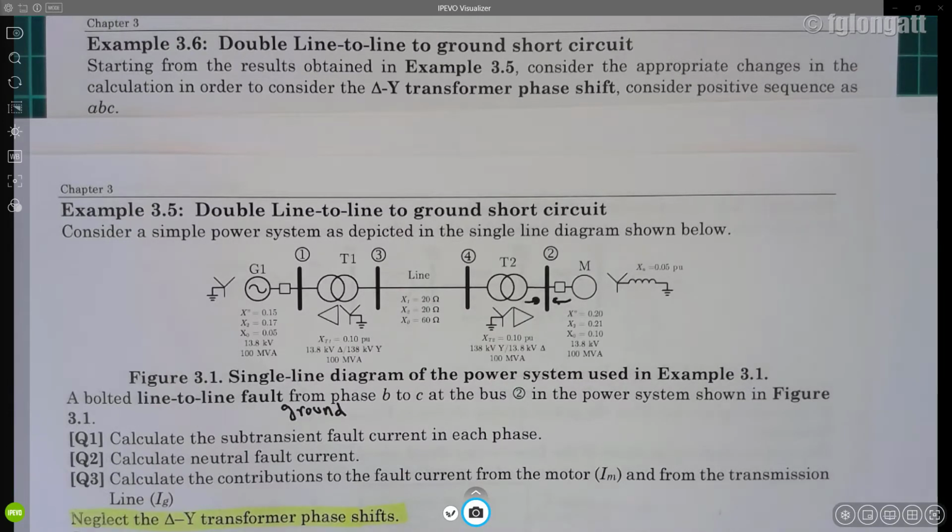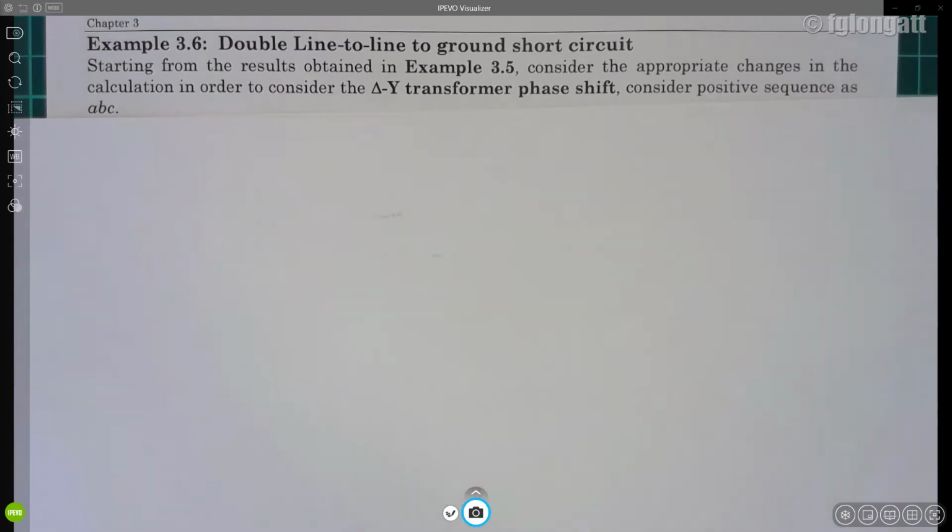That was key in order to solve problem 3.5, and now what we will do is overcome that issue by including the phase shift. I already said, please attend 3.5 and then 3.6.